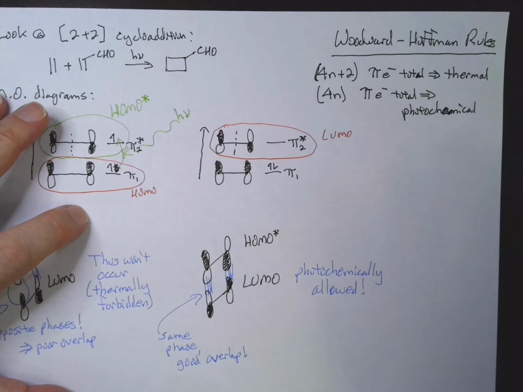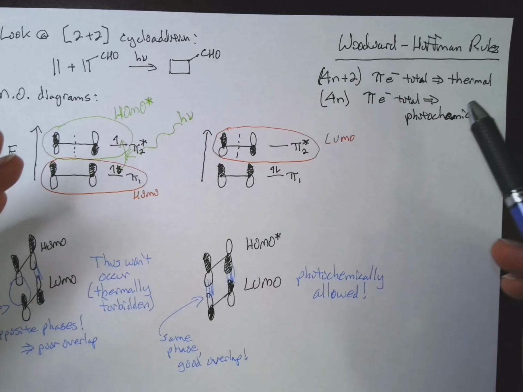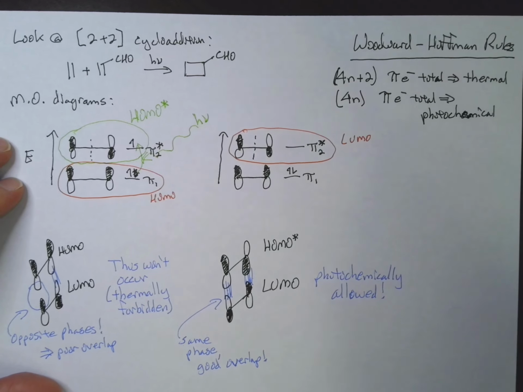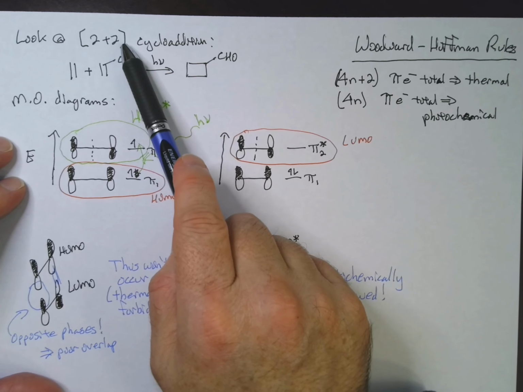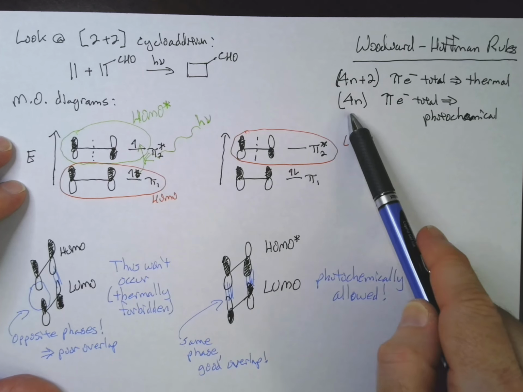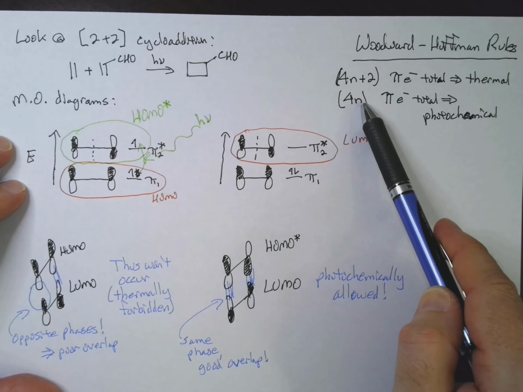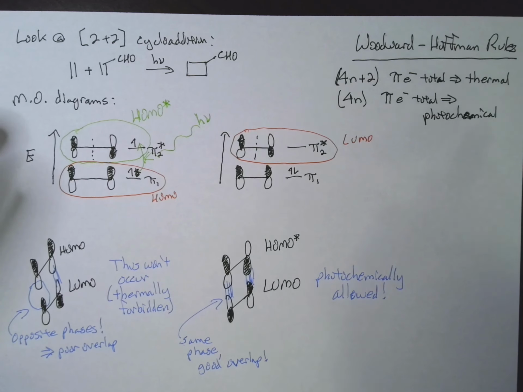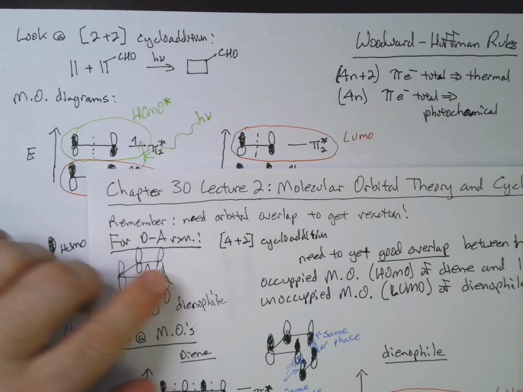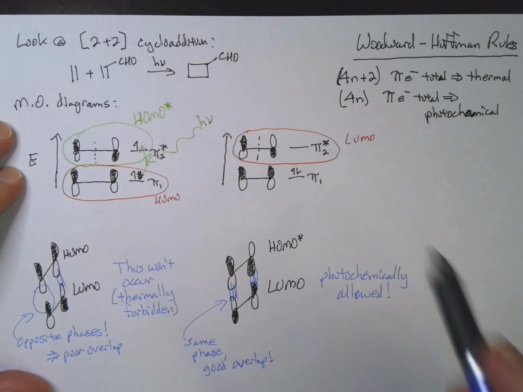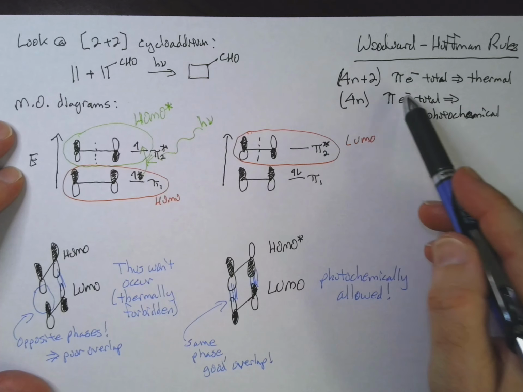So they're opposite. So you would figure out in your reaction, how many total pi electrons do you have? Well, I've got a 2+2 cycloaddition. 2 and 2 is 4. That's 4n. N is just some integer here. I've got a 4+2 cycloaddition. That was my Diels-Alder reaction. 4 plus 2 is 6. Well, if n equals 1, then I've got 6 total pi electrons.